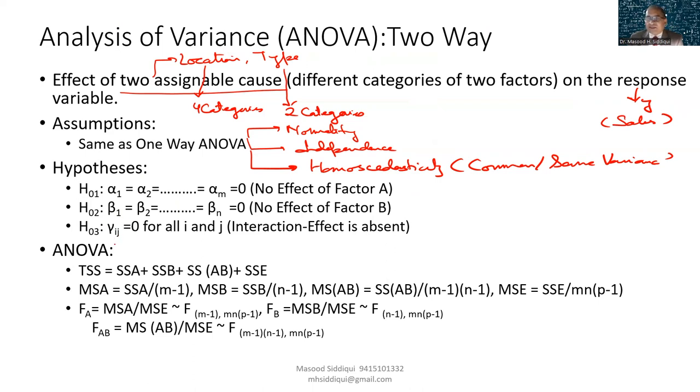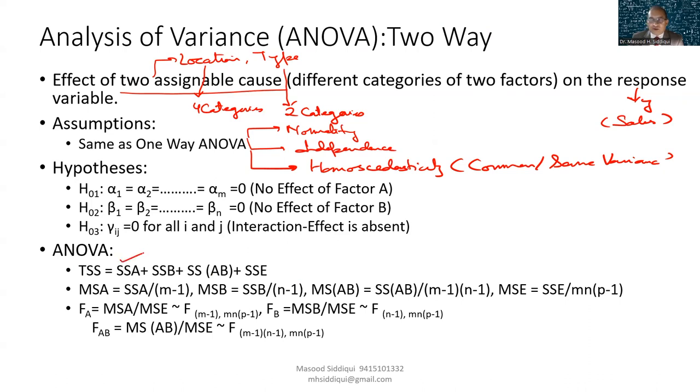Now, as we have discussed in one-way ANOVA, we bifurcate the total sum of square into two parts: one is the sum of square because of A, or between sum of square, plus sum of square because of error, or within sum of square. Here we classify the total sum of square into four parts actually.